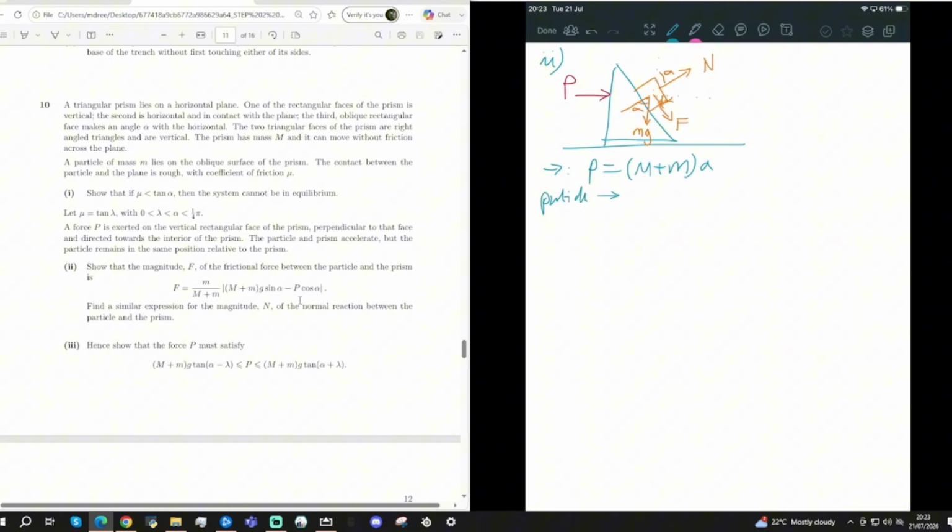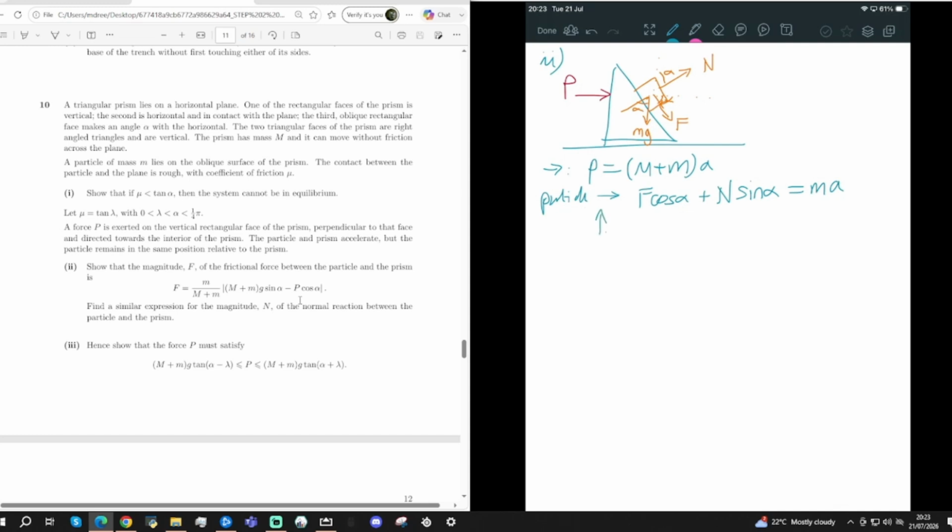So horizontally, I'm getting F cos alpha, plus, now this is a plus now, plus N sine alpha, sorry, there you go, caught up with myself, equals ma.